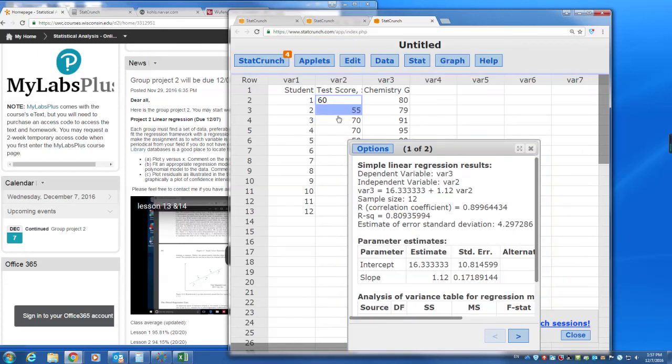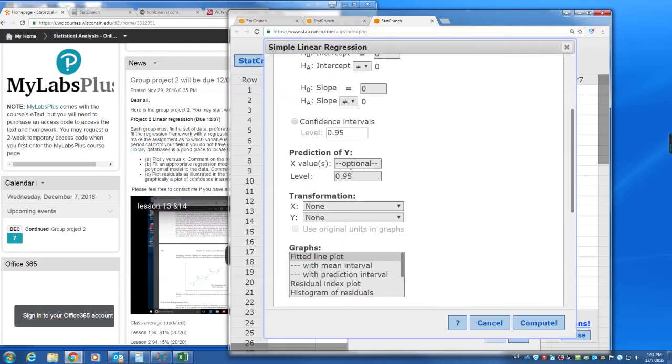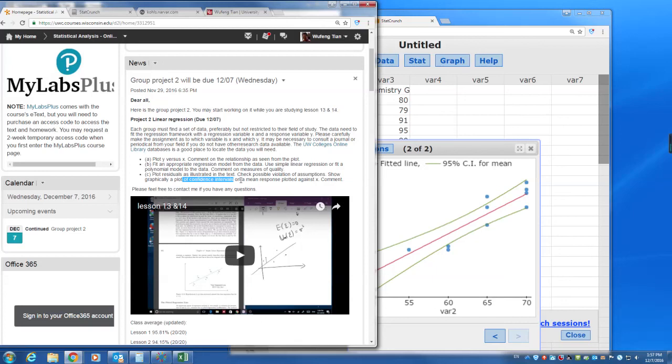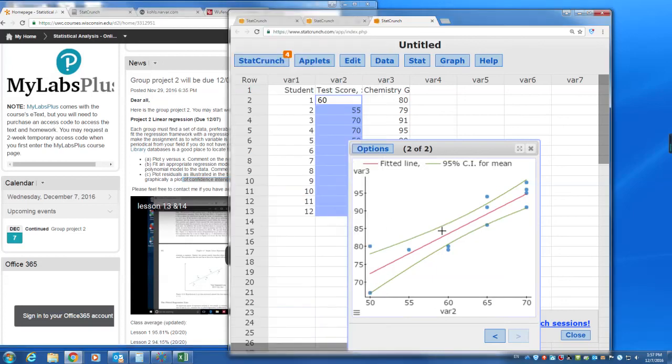Suppose this is the x value; copy it, put all your x values here, and when you plot it, press control and choose with mean interval. You can compute it, and the green one is the 95 percent upper confidence limit on the mean response, and the lower limit on the mean response. This is what I ask for, plotted against the x values.